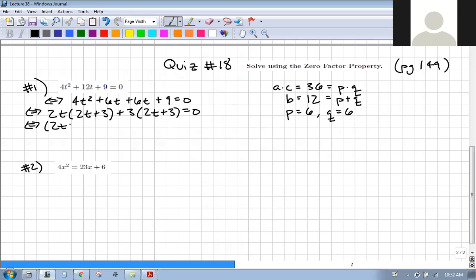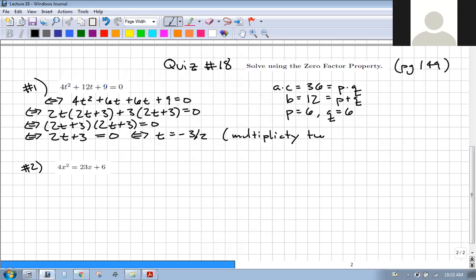So since these are the same, 2t plus 3 has to equal 0. The t would be a negative 3/2. Multiplicity 2, because you get the same answer twice. Okay. Any questions about this?